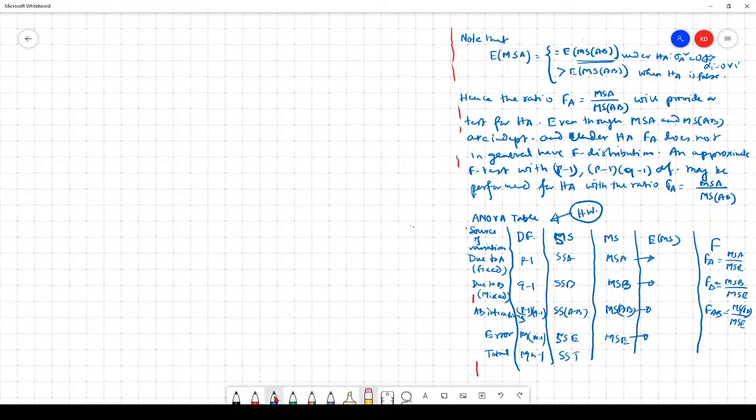Remark. We have expectation of MSB, which is equal to sigma square plus Pm sigma B square. Expectation of MSAB, which is equal to sigma square plus m sigma AB square.